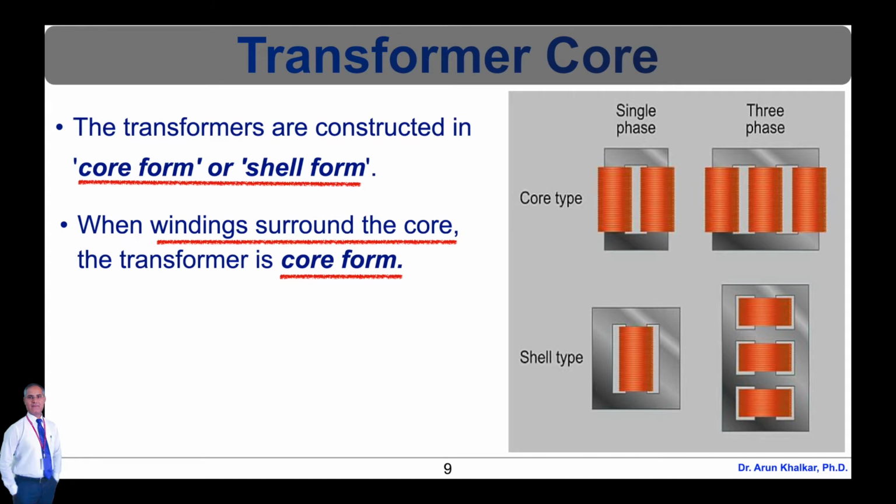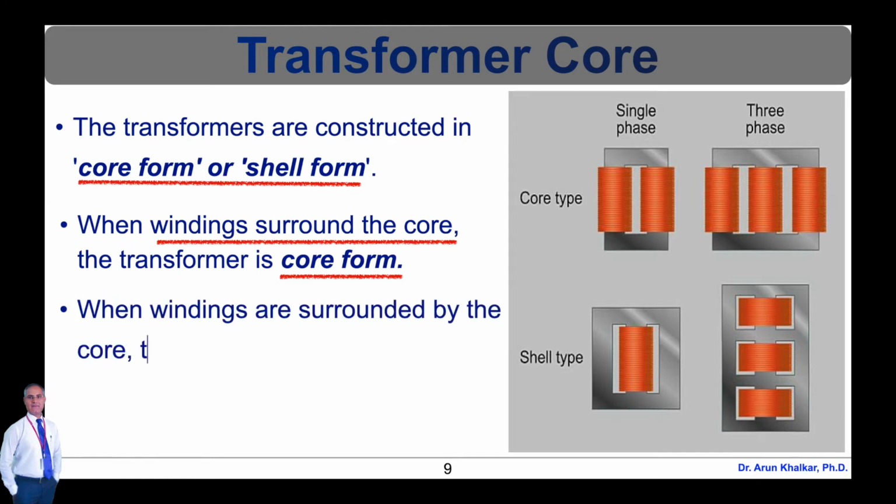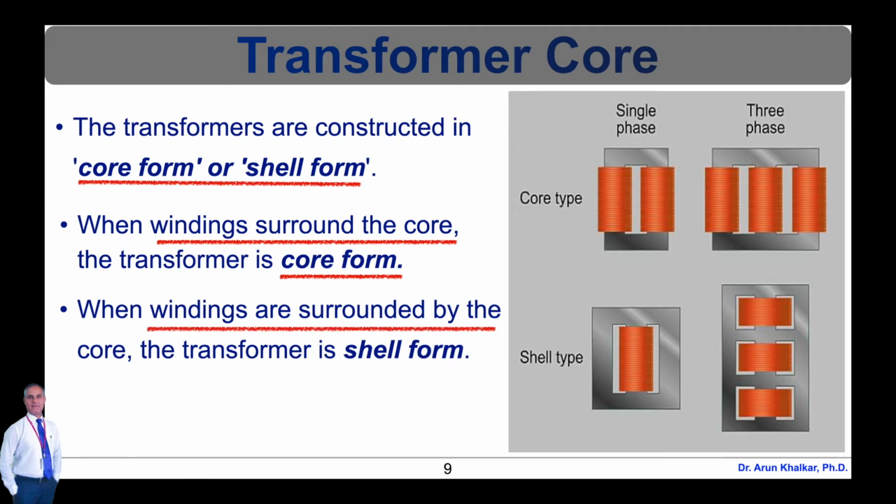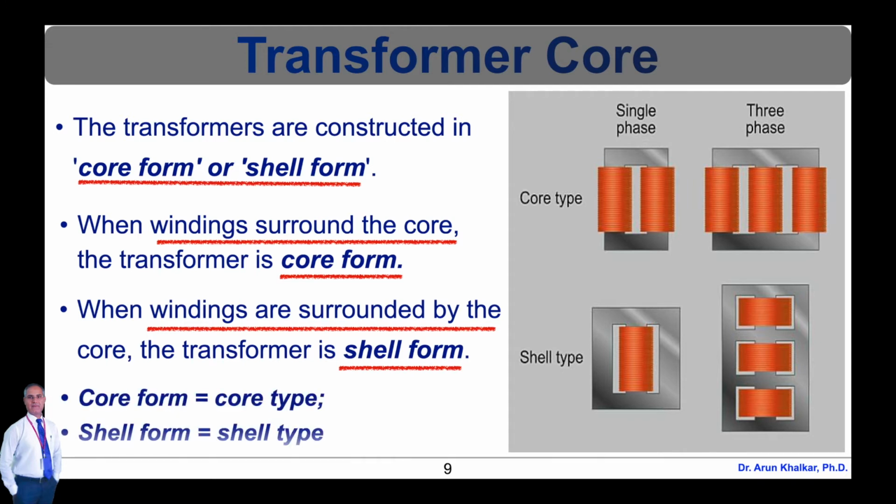Core form design tends to, as a general rule, be more economical and therefore more prevalent than shell form design for high voltage power transformer applications at the lower end of their voltage and power rating ranges, less than or equal to normally 230 kilovolts or 75 megavolt amperes. At higher voltage and power ratings, shell form transformers tend to be more prevalent.